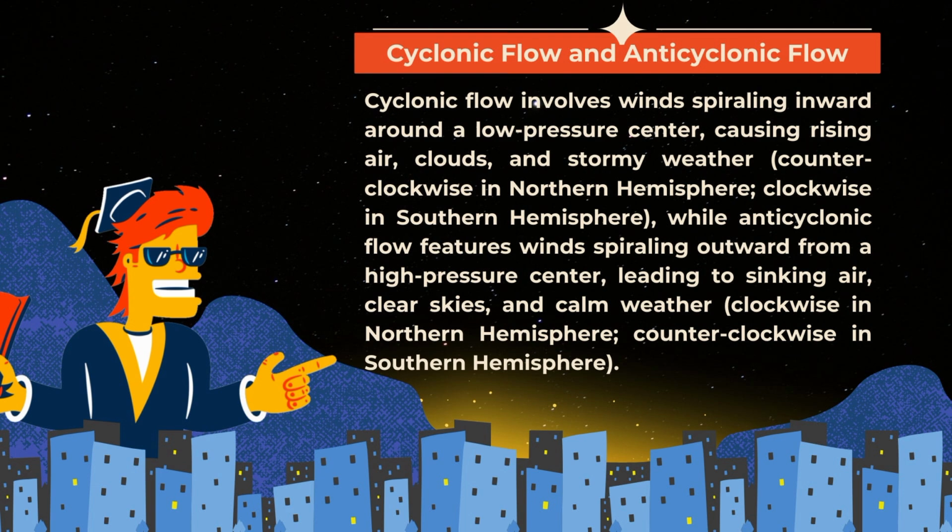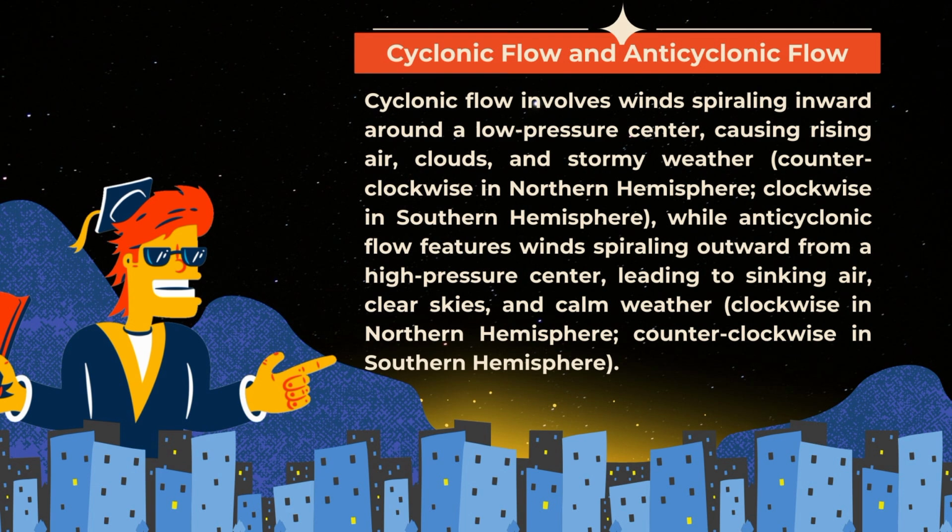Next, we have the anticyclonic flow. Anticyclonic flow is the wind circulation around a high pressure system. The air here diverges, or moves outward, and sinks. In the northern hemisphere, it flows clockwise, while in the southern hemisphere it moves counterclockwise.